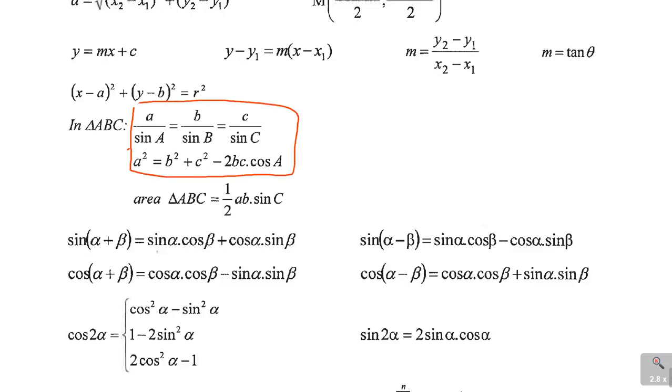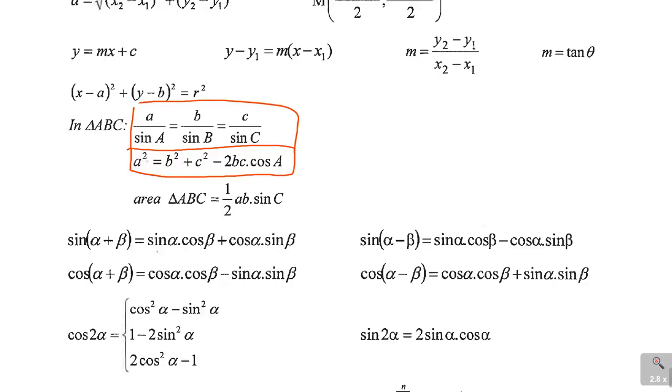And in this case, usually questions of 4 marks, 5 marks usually deal with the cosine rule, questions of 3 marks usually deal with the sine rule, and questions of 2 marks usually deal with trig ratios, which is SOHCAHTOA.